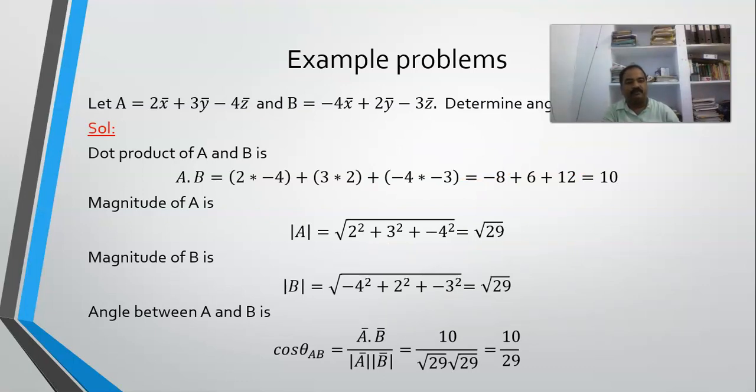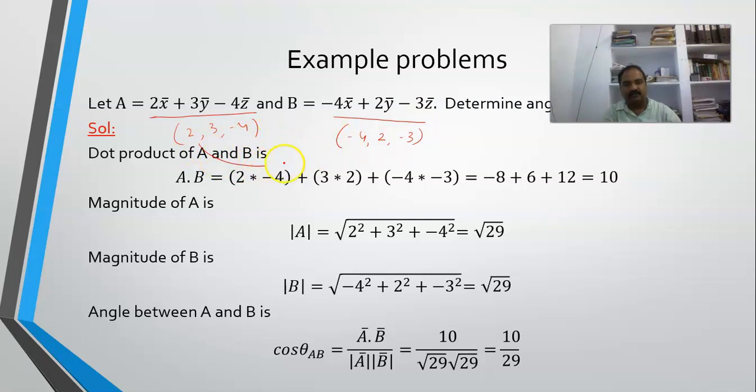Let us suppose the A vector is given as you have already seen, this is the A vector and this is the B vector. Now we are determining the angle between the vectors A and B. The A vector, as you know, can be written as 2, 3, minus 4. The B vector is minus 4, 2 and minus 3. First of all, let us compute the dot product of these two vectors.